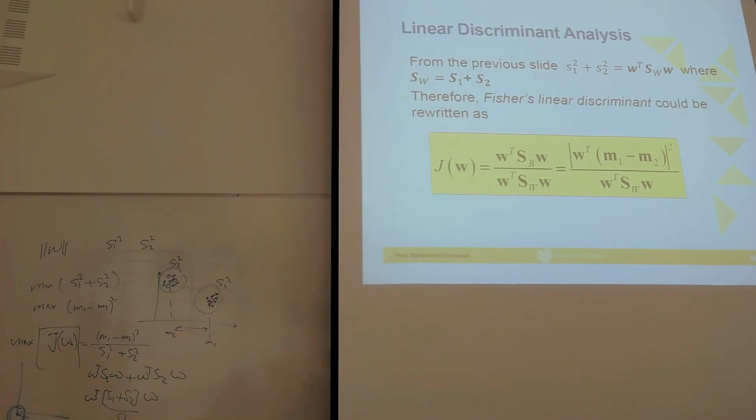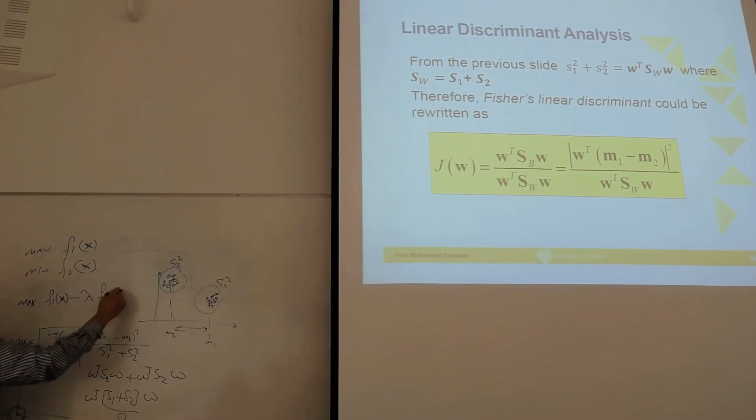Actually, this will give you one interesting parameter, because if you have two objectives like f1 of x and f2 of x, and you are interested in maximizing one and minimizing the other, then one of the techniques to build the multi-objective optimization is that you maximize f1 of x minus lambda f2 of x, multiplied also by 1 minus lambda. This lambda is not the Lagrange multiplier. This lambda here is the compromise between the two objectives.